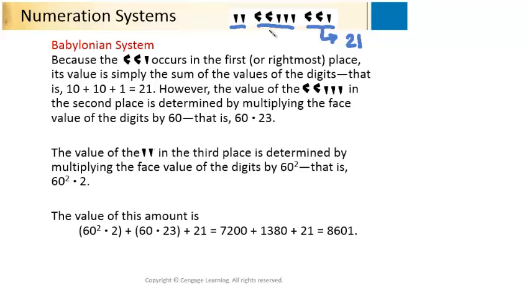This next chunk, because it's to the left, we know it's powers of 60, or it's values of 60. So not powers of 60, but we will be in just a second. So there are 23 of these 60s. So this represents 23 60s.